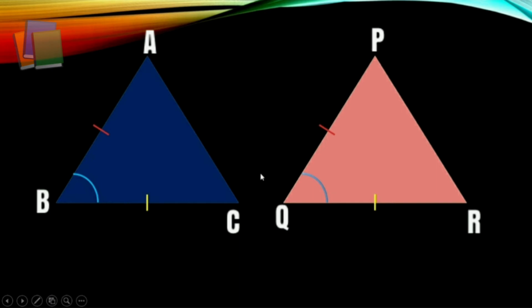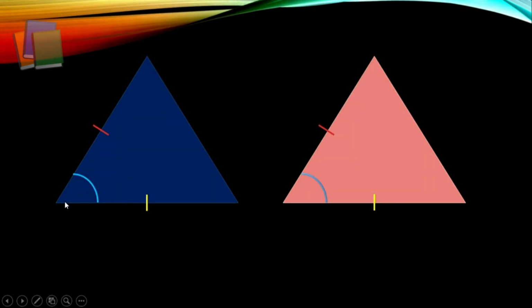Remember friends, the angle should be included between the two sides. Here we have the two sides, here we have the two sides, and the angle should be included between the two equal sides. Now we can say that these two triangles are congruent by the SAS congruence rule.